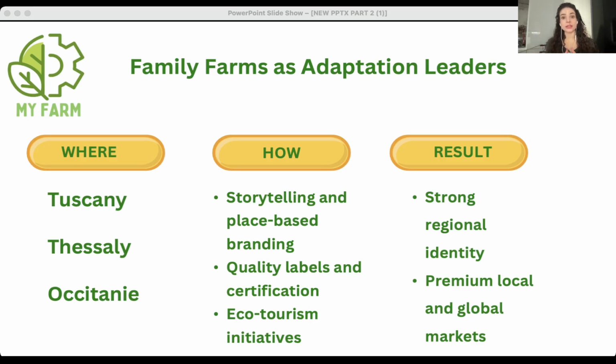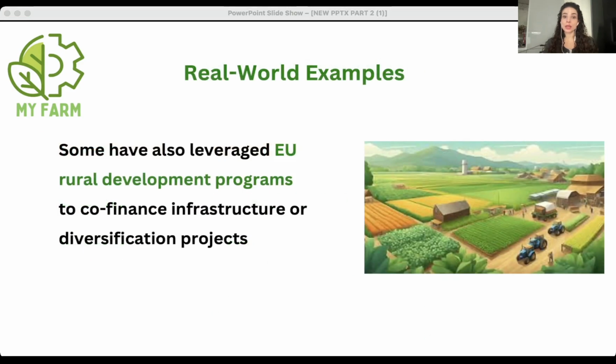By investing in storytelling, quality certification, and ecotourism, they have created premium experiences and regional identities that attract both local and international customers. Some have also leveraged EU rural development programs to co-finance infrastructure and diversification projects.